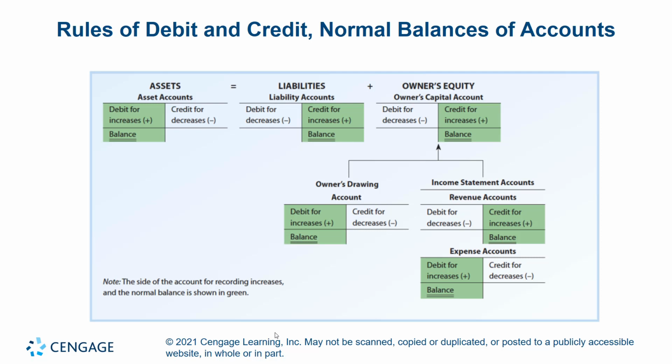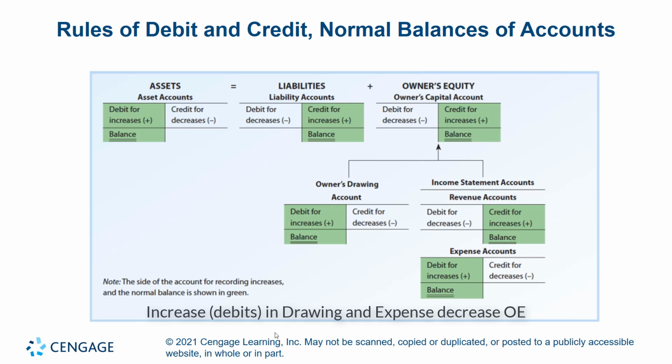Revenue increases on the credit side and expense increases on the debit side. So drawn under owner's equity and expense also under owner's equity increase on the debit side. Both increase on the same side, the debit side, the left side.